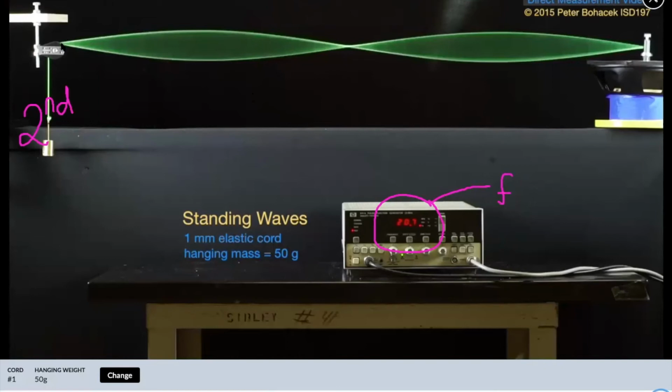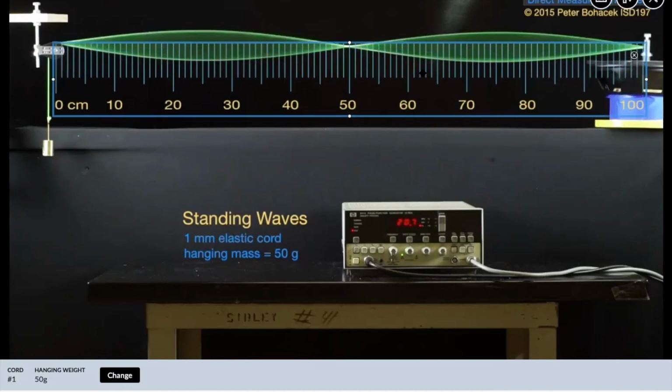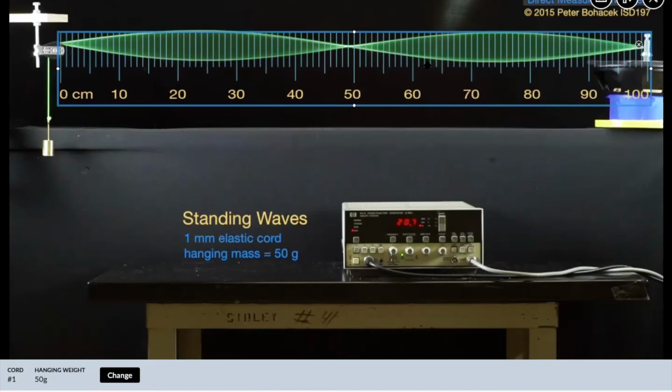The wavelength is the distance of two antinodes. Hey, so coincidentally, the length of this string equals the length of two antinodes. So what I would do, pull out my meter stick, measure the distance of two complete antinodes. So this is about 100 centimeters or 1 meter.